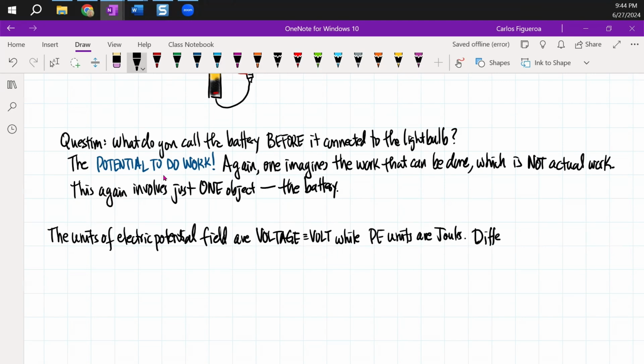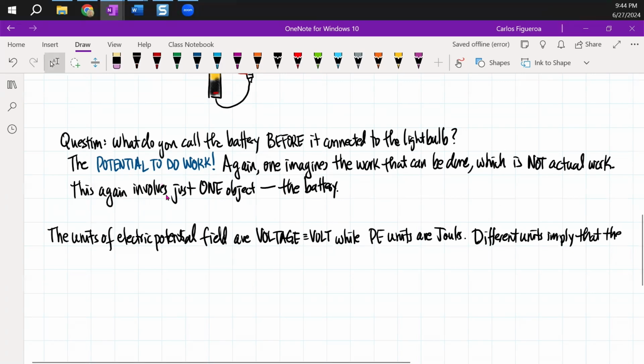Different units immediately imply that they are two different entities. They have different units.